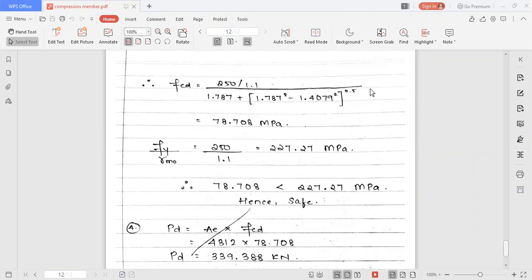Then after doing this, calculate PD again for the second case. PD is nothing but the compressive strength. To calculate PD, again you have the formula A into FCD. Substitute the values in the given formula. So you get PD as 339.388 kilonewton. Solve up till here, and if you have any doubts you can ask.